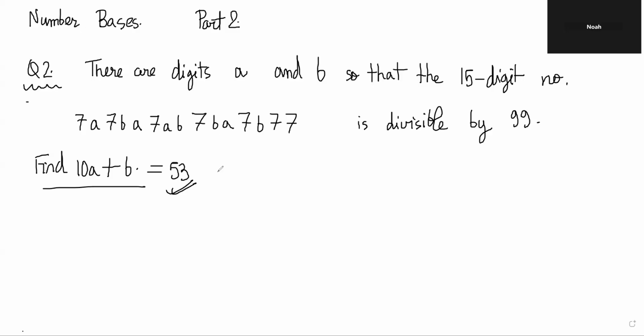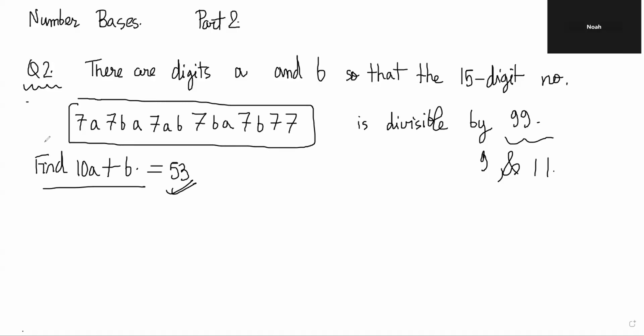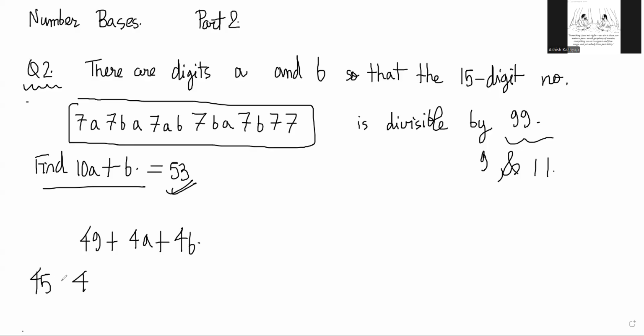So if you look at the divisibility by 9, the sum has to be divisible by 9. So you add all the digits. You're getting 49 plus 4a plus 4b. Then you can just make the 49 equal to 4 since it's in mod 9.